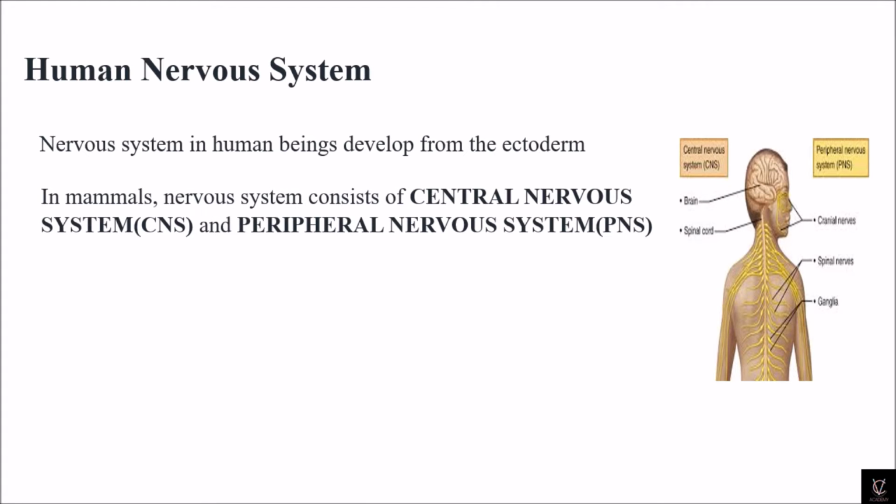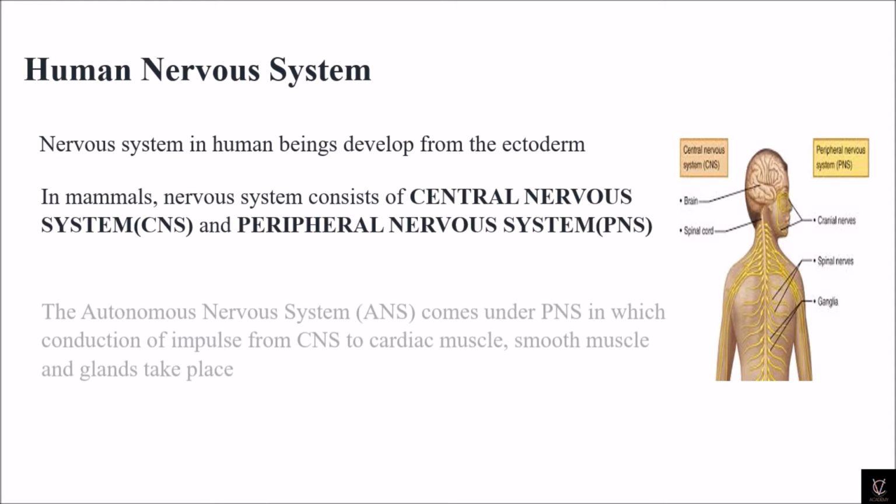In mammals, the nervous system consists of the central nervous system and the peripheral nervous system, which in short are called CNS and PNS.